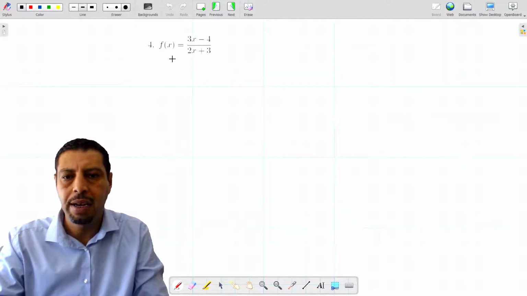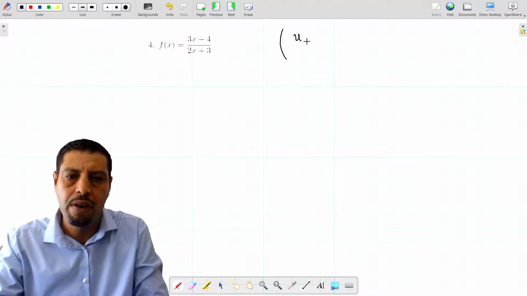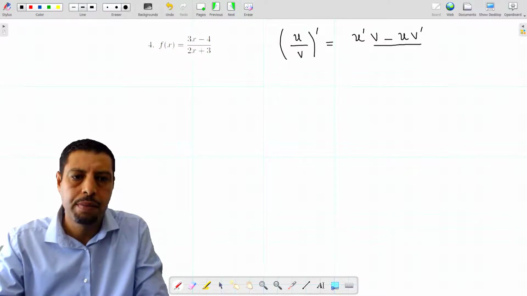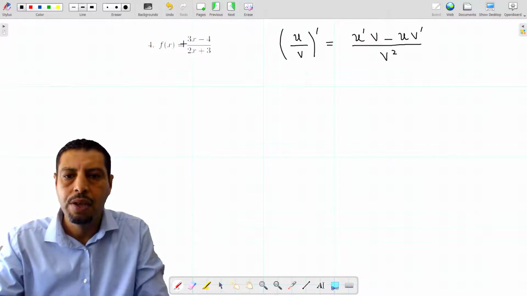Now, fourth one, here we have a quotient, okay? A quotient of two functions, and we're going to use the quotient rule, which is (u over v)' equals (u' v minus u v') over v squared. Okay? u is 3x minus 4, v is 2x plus 3.